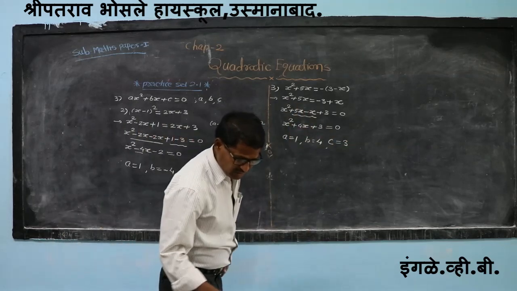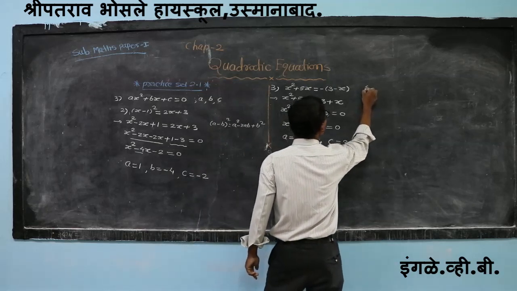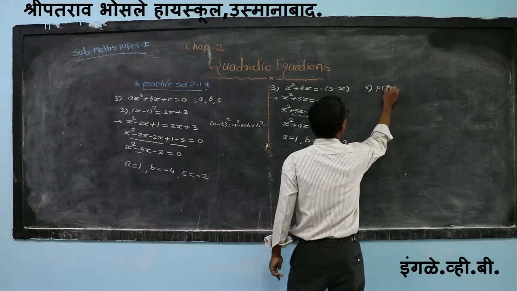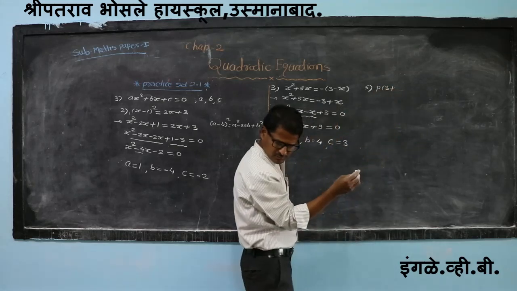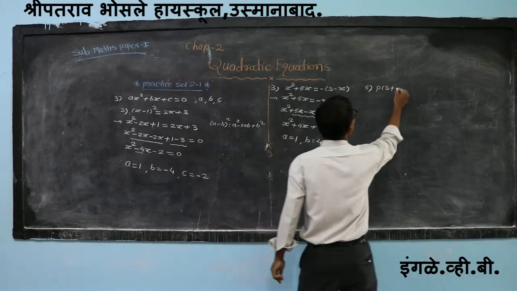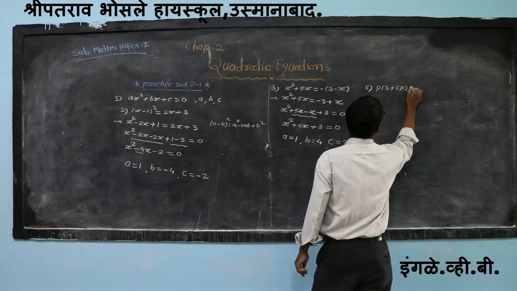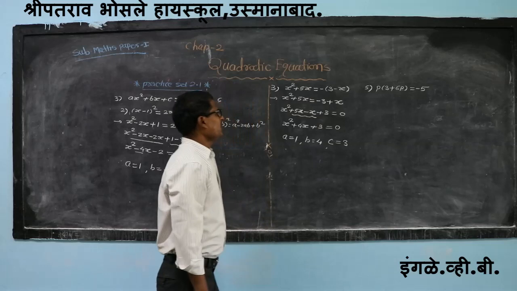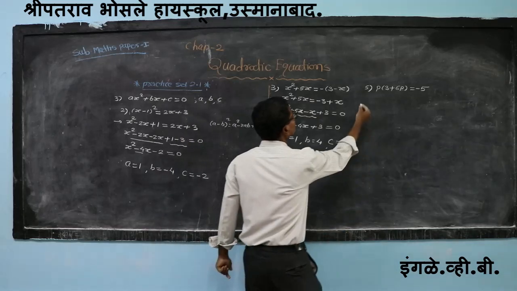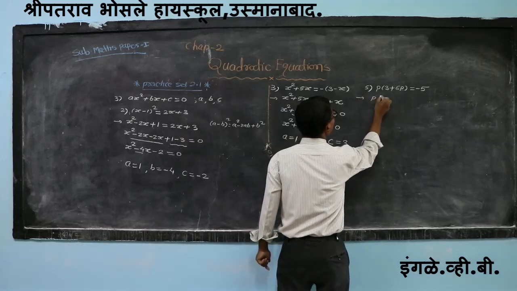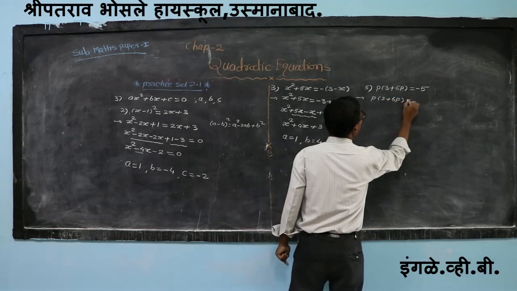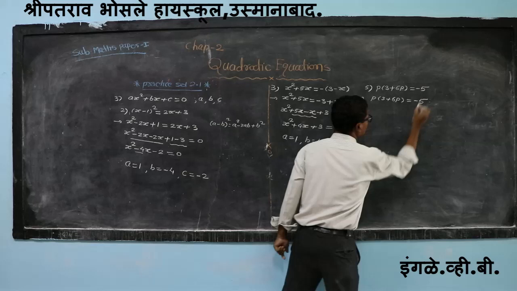Example number 5. p in bracket 3 plus 6p is equal to minus 5. Now write the example again. p in bracket 3 plus 6p is equal to minus 5.